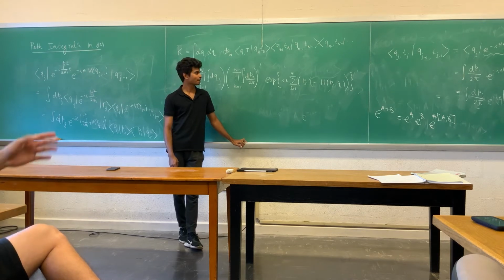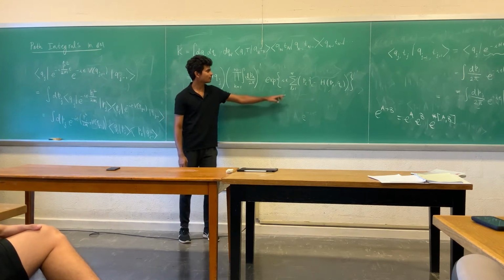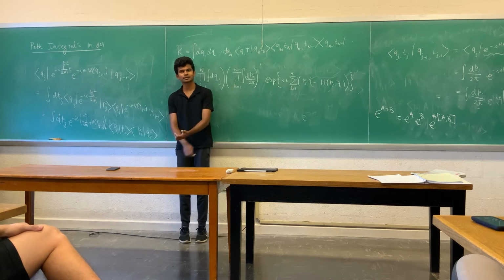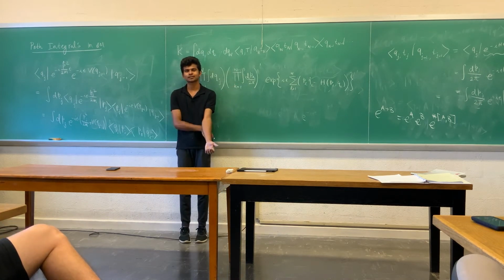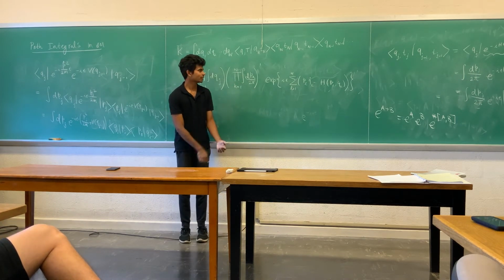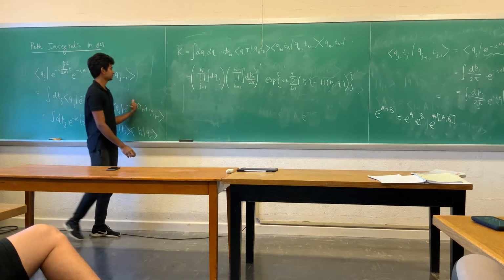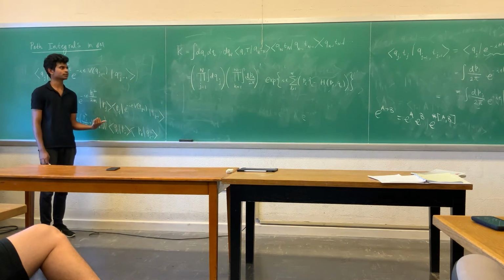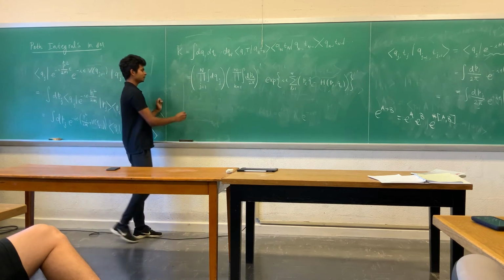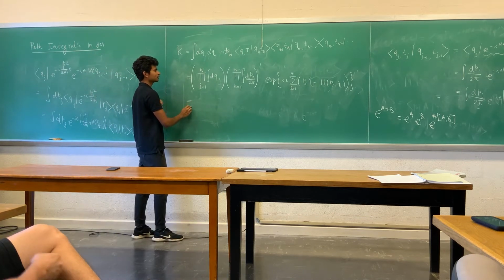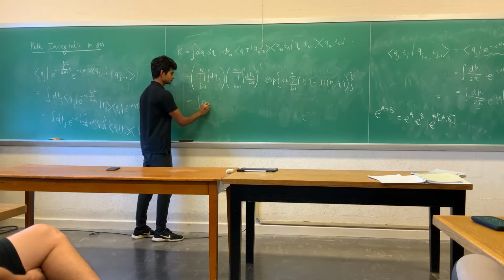And again, the q should be... I may have messed up somewhere, thinking this is 1, but it's actually relevant. Now I'm going to take this limit, epsilon going to 0. In that limit, I fancify the notation.